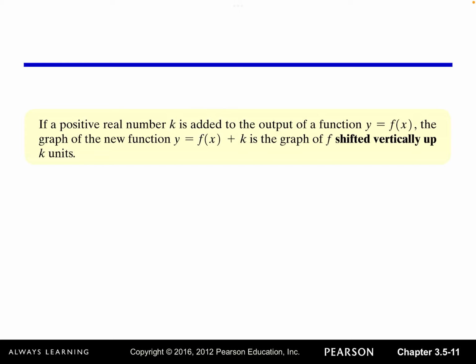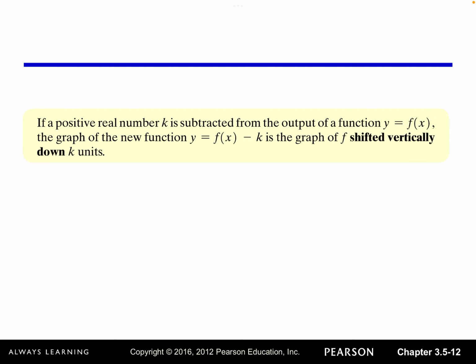So here we have a summary, okay? If we assume k is a positive number, and the original function is y equals f of x, and we know its graph, then the graph of the new function y equals f of x plus k, where k is a positive number, is the graph of f of x shifted vertically up k units.